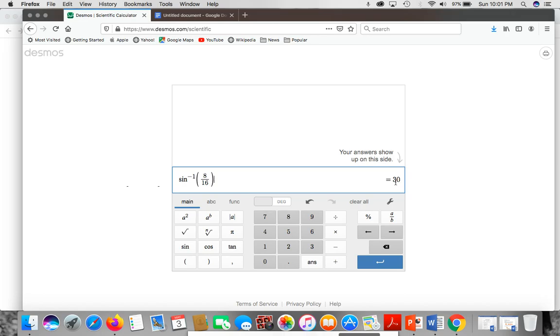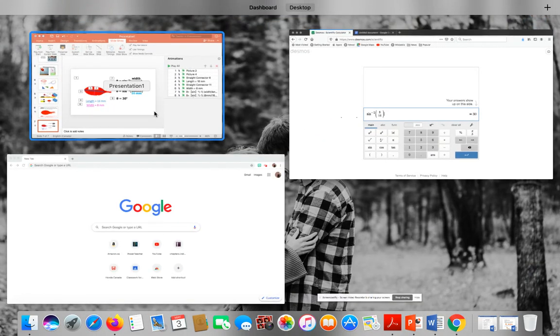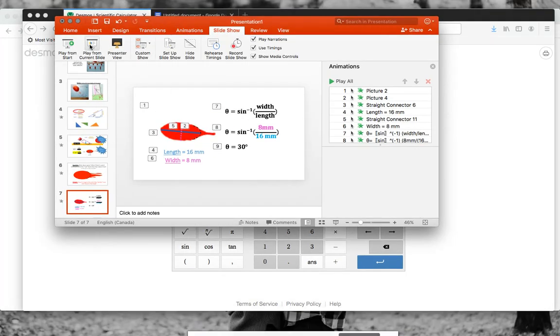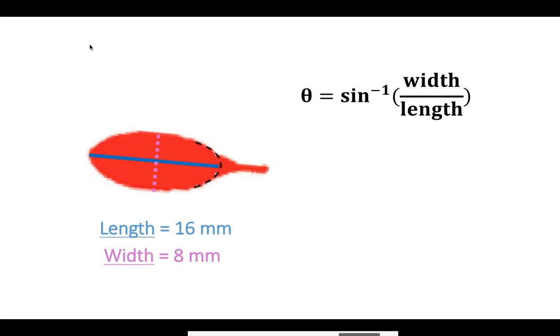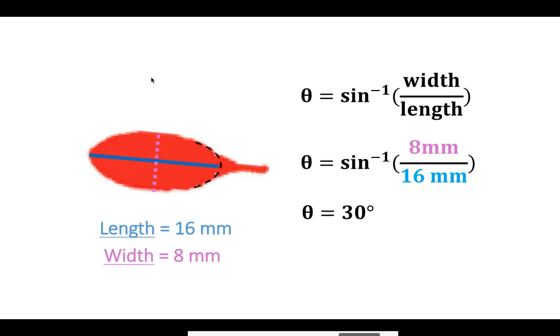So I know that if I go back here, my angle that this blood hit the ground at was a 30-degree angle, and that is fairly low, a little high, but it gives you an idea, especially if you're looking at a protractor now, how high that blood was when it hit the ground, that angle.